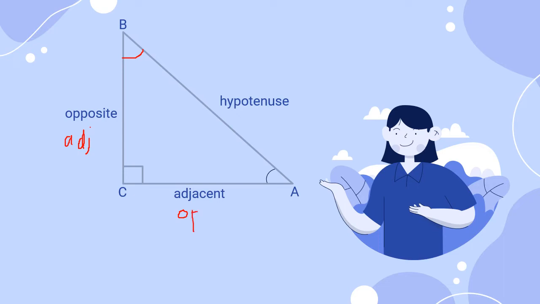Vice versa, the opposite side and adjacent will change. It depends on the angle used. Okay, since we use angle A, the opposite side is here and the adjacent is here.